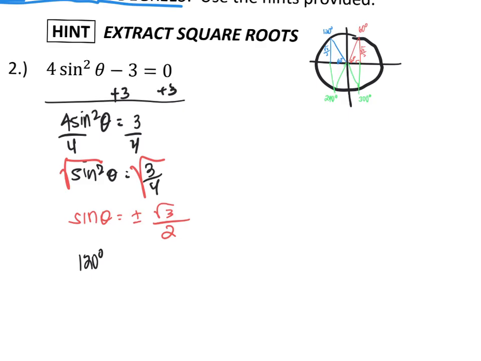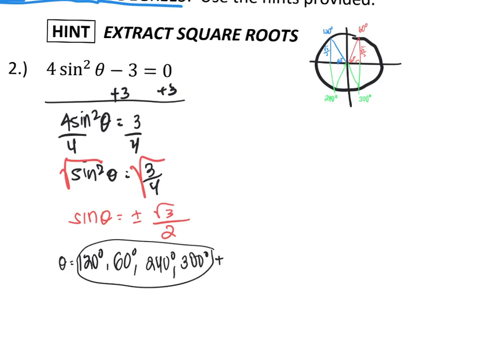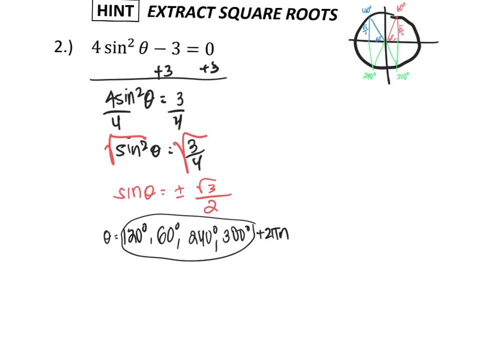Something I do is you can list, I'm okay with you guys listing them out like this, and then just circling them and doing, okay, all of them plus 2 pi n. But if you want to be absolutely correct, you can just add 2 pi n to each answer.